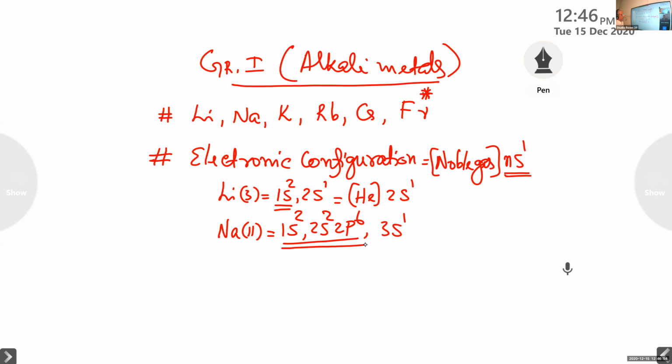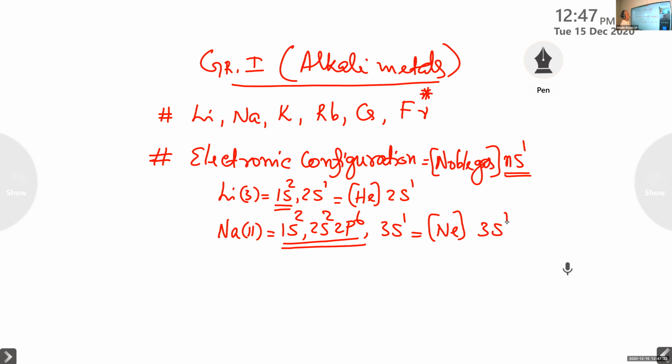The configuration of 10 electrons is that of the noble gas neon, atomic number 10. Then 3s1. See here, the inner core is of the nearest noble gas.